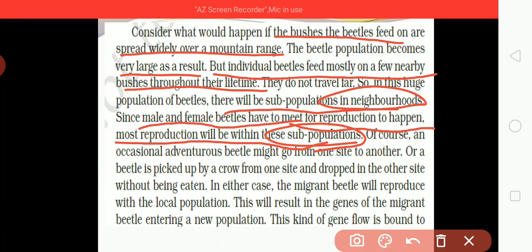Of course, an occasional adventurous beetle might go from one side to another.